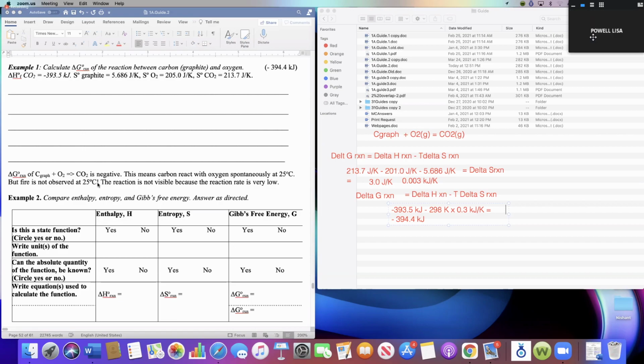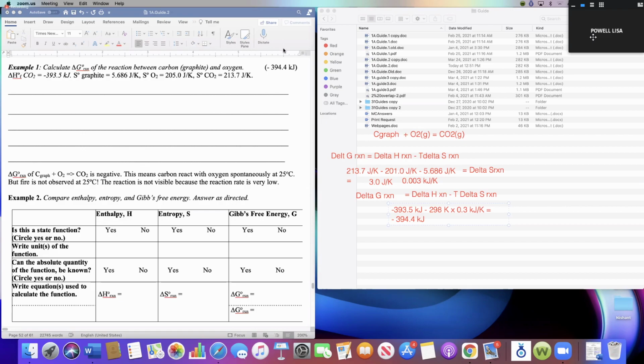Can I stop you for a minute? Sure. So if delta G RXN equals delta H RXN, but only the HF of CO2 is given, are HF and HRXN the same?